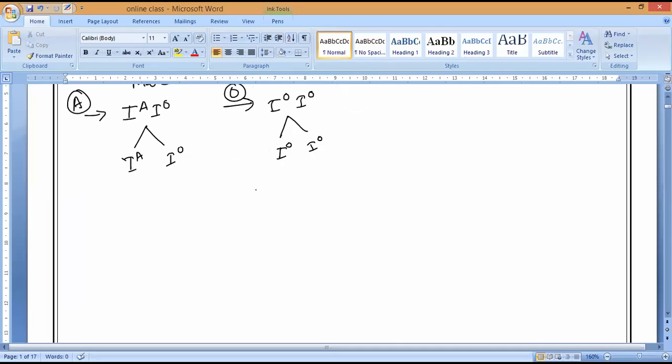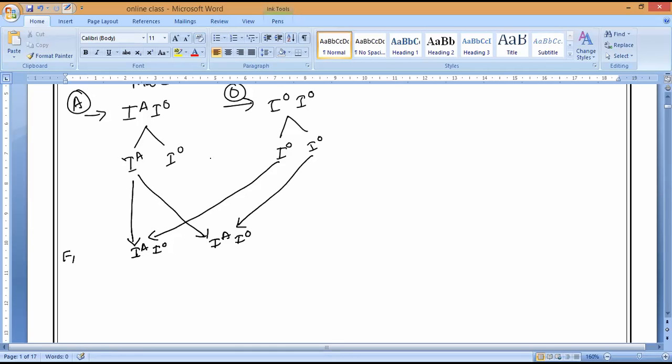Now the sexual reproduction will take place. In the F1 generation, the genotypes will be: father donates IA and mother donates IO; the same way, father donates IA and mother donates IO. Next, father donates IO and mother also donates IO; again father donates IO and mother donates IO.